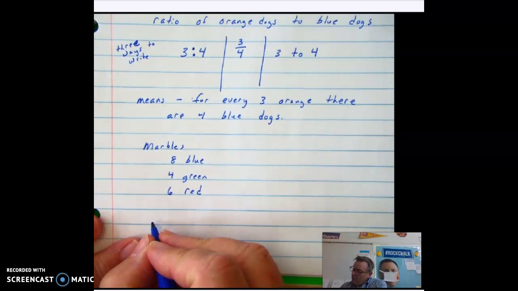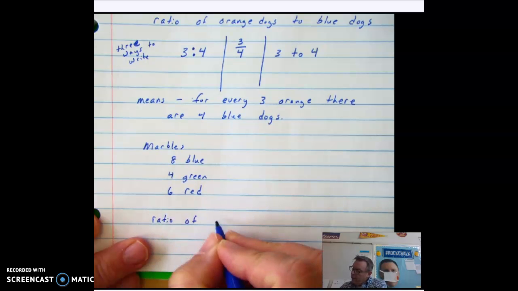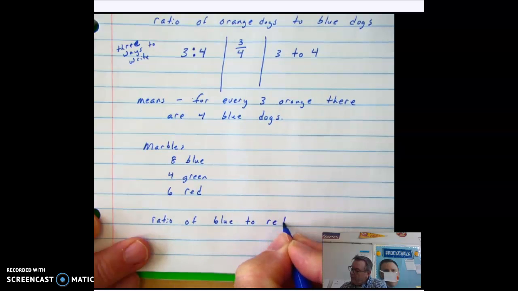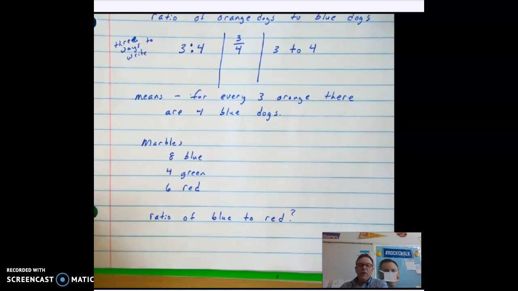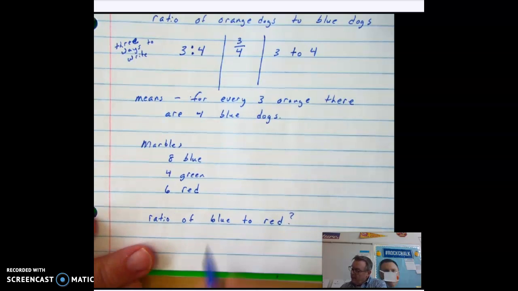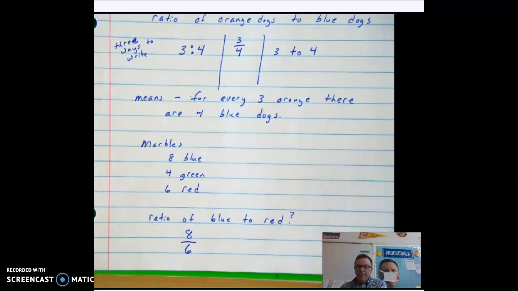Well, let's say that I want to know the ratio of blue to red. So my ratio of blue to red, I check the wording really carefully. Blue to red means 8 to 6. So my ratio is 8 blue to 6 red.